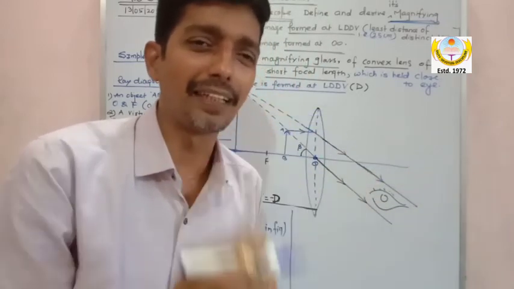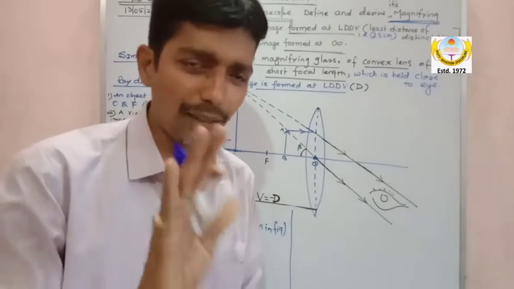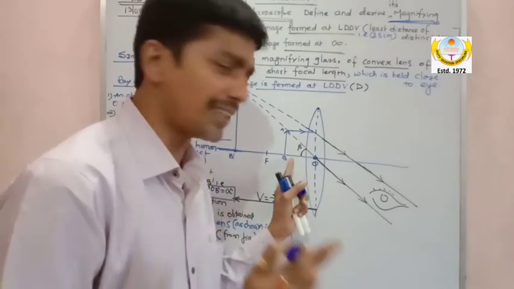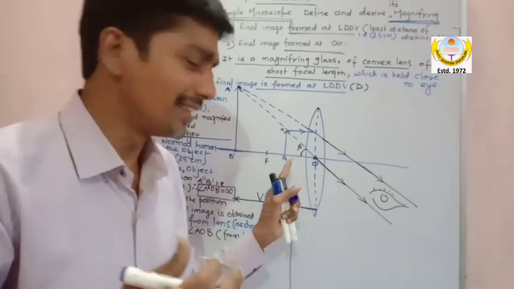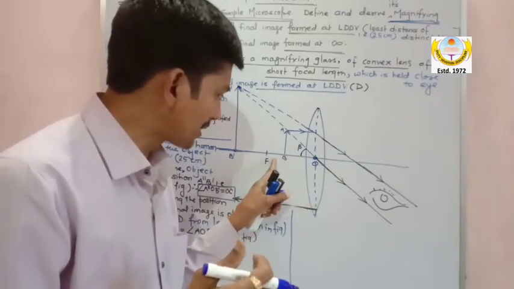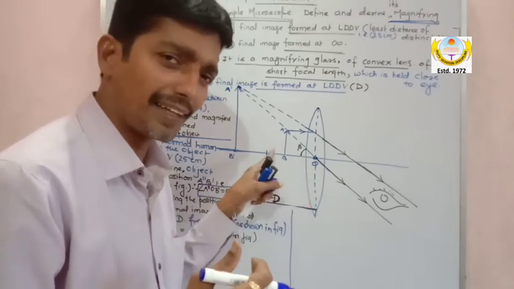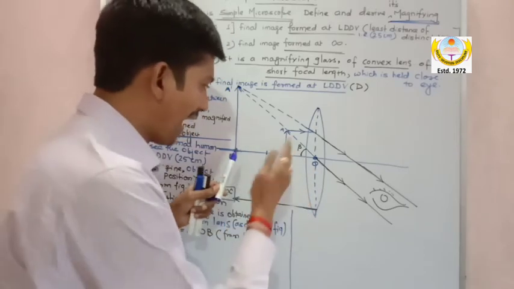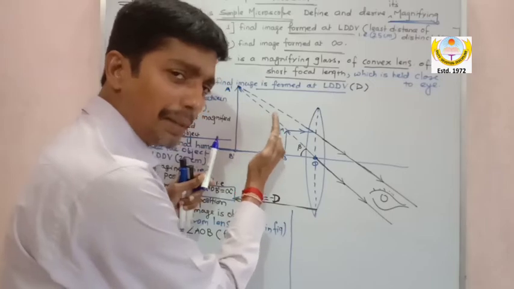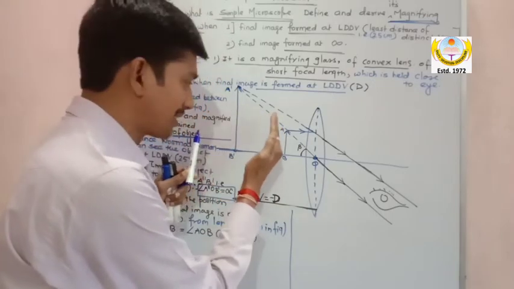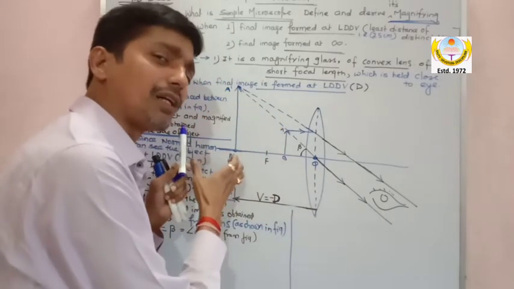So now, what is our imagination? Assume that this object, which is between optical center and focus, is taken to the least distance of distinct vision.